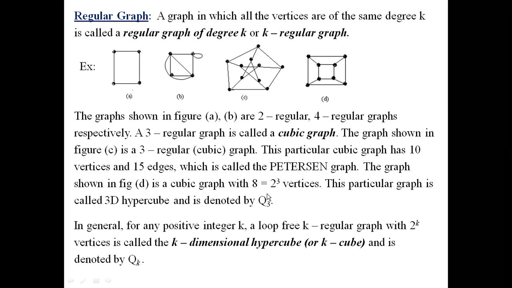Here we observed this was a 3-regular graph with 2 power 3 vertices. That is why this is denoted by Q3. So in general, a k-regular graph with 2 power k vertices is called a k-dimensional hypercube, and it is usually denoted by Q suffix k, Qk.